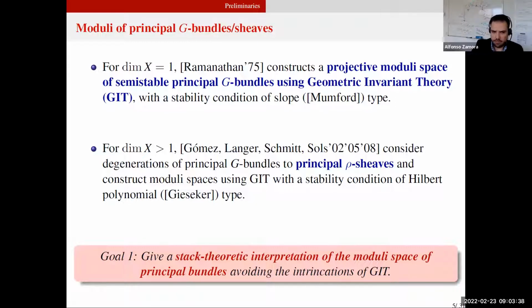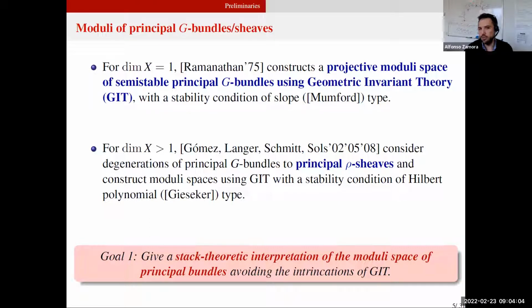On higher dimensional varieties, when the dimension of X is greater than 1, there are several works of Gómez, Langer, Schmidt, and Sols in the first decade of the 2000s. They need to consider generalizations of principal G-bundles in order to construct a proper moduli space. This is similar to when we have to consider torsion-free sheaves when constructing the moduli space of vector bundles on higher dimensional varieties.